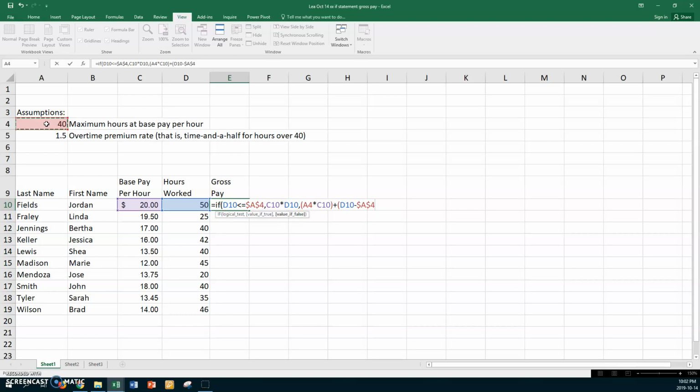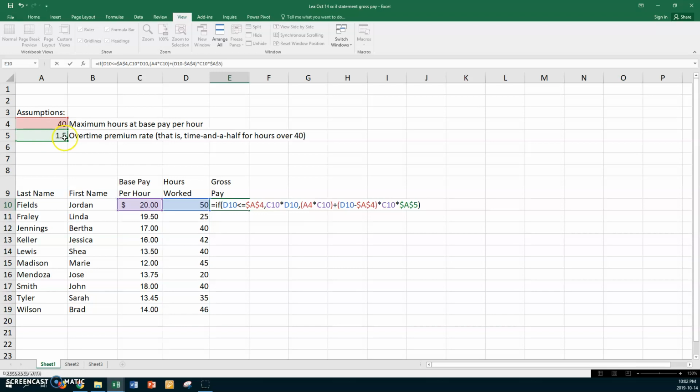That's the number of hours that you would be over 40, say 10 hours. Then multiply by your rate, which would be C10, and then times 1.5, so it would be A5 absolute.